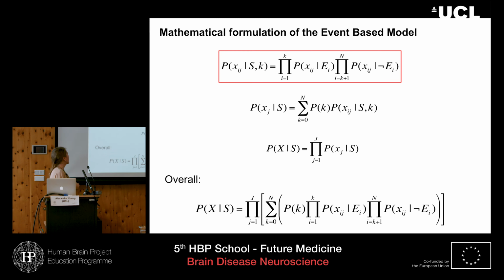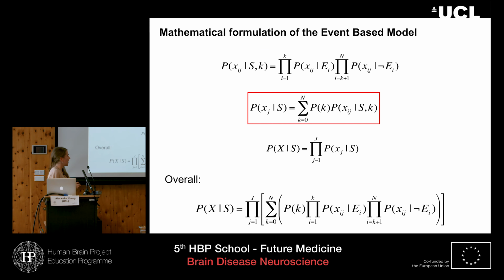Then for this particular sequence and stage, we can evaluate the probability that the events up to that stage have occurred and the probability that the events after that stage have yet to occur. These just describe the probability of a biomarker being abnormal and the probability of a biomarker being normal.